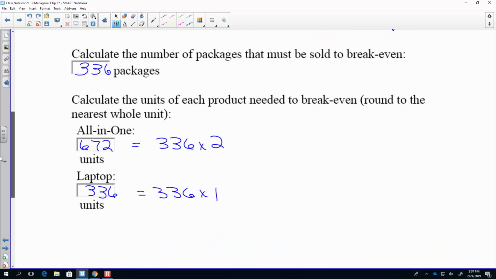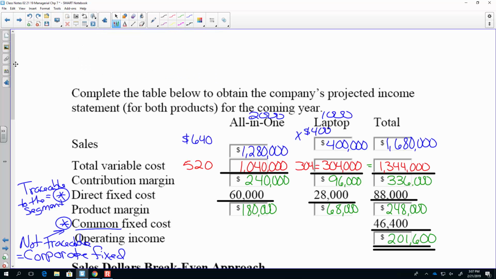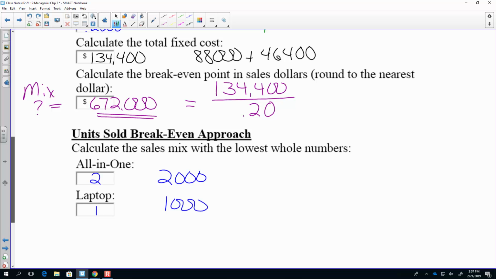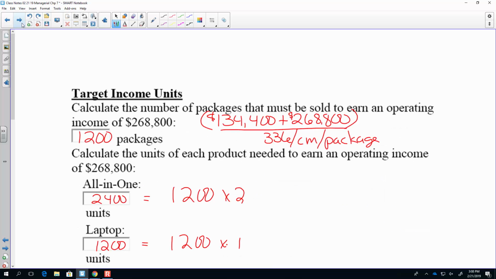There's too many pages to this problem, guys. Oh my gosh. I'm sorry about this, guys. I didn't want this to be such a... Yes, my break even is 672. Woo! It doesn't have to be this hard, guys.